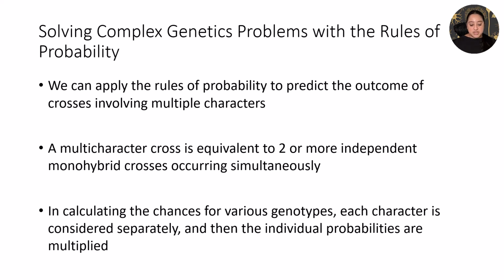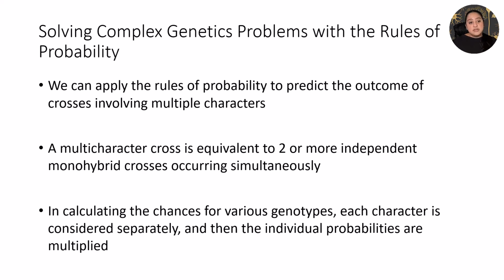Because we know that they aren't tied together, we could just calculate these different odds. Instead of doing a whole dihybrid cross, you could calculate, okay, the odds of this happening, yellow versus green, and the odds of this, smooth versus wrinkled, what are the odds that this combination will come out? You just multiply those odds.